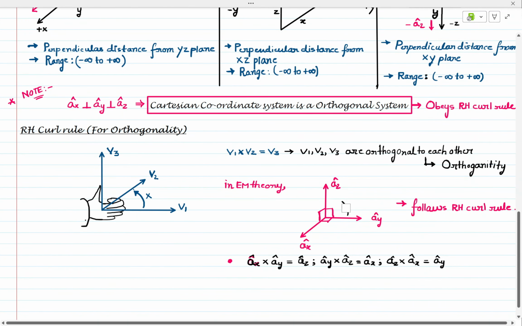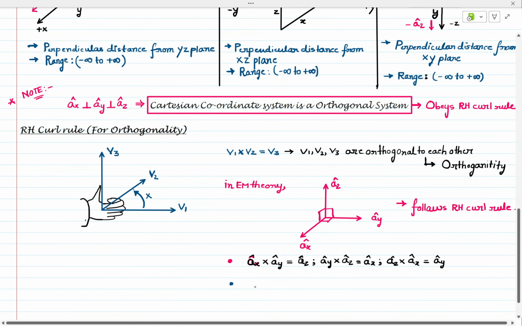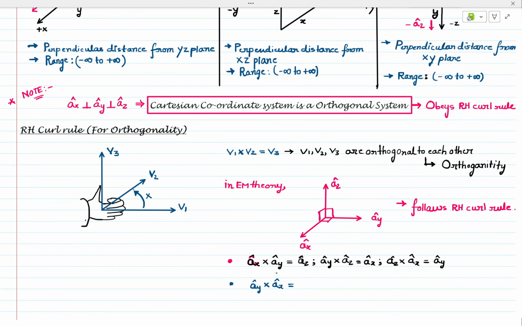Now, what will happen if I write exactly the opposite, like ay cross ax? Don't be afraid. As I am writing ay cross ax, you have to move your four fingers from ay to the ax direction, keeping the right hand. Don't change your hand.